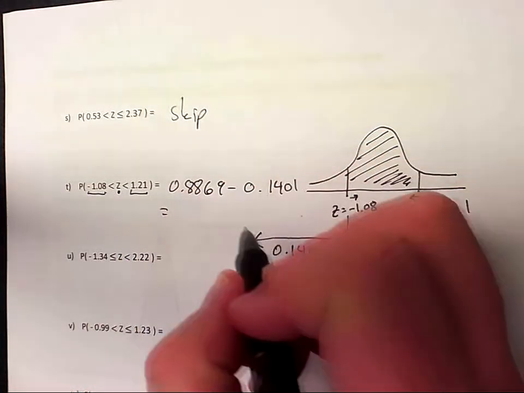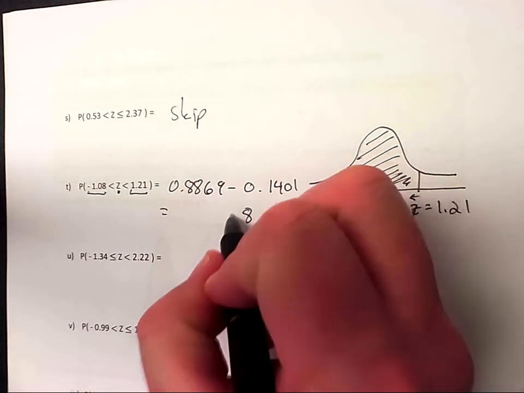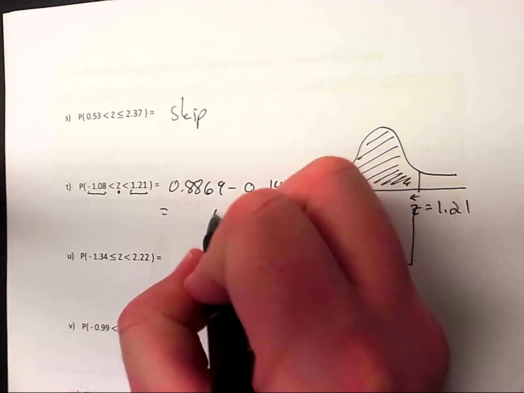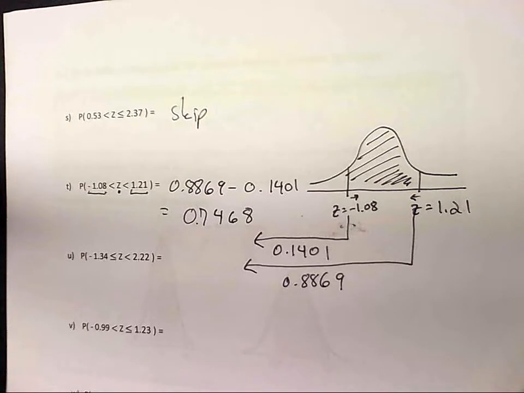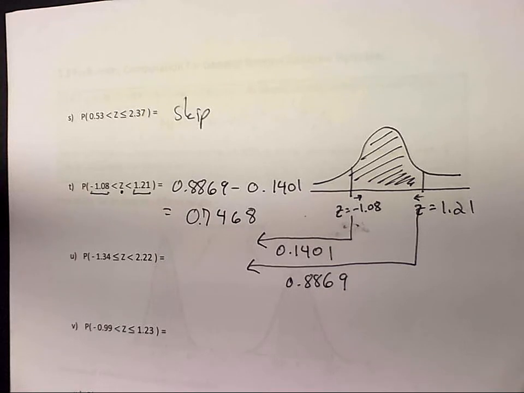And if I can do this arithmetic correctly, then we're going to get 0.7468. Which means that between a z-value of negative 1.08 and a z-value of 1.21, we have approximately 0.7486 of our distribution. And that's pretty much where we left off yesterday, y'all.